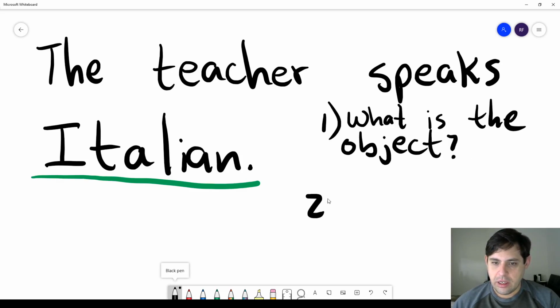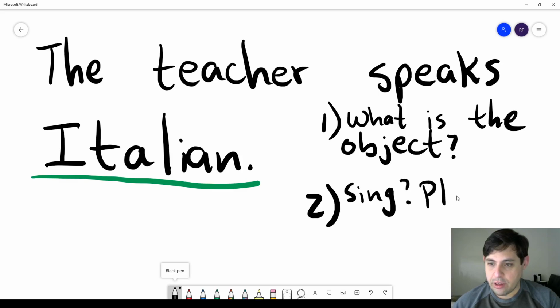Okay, Italian. Step number two, identify the object as singular. Is it plural? Is it a boy? Is it a girl? Okay, identify the object. So here, Italian is singular, and it's a thing, right?